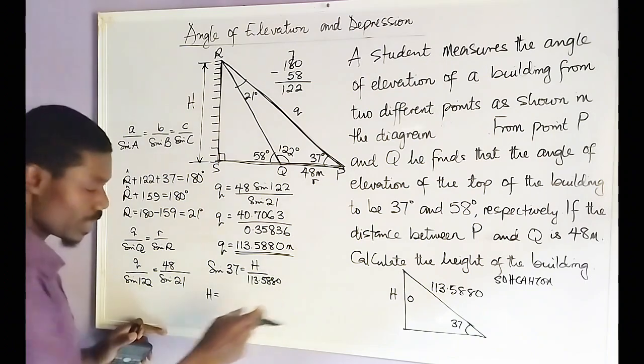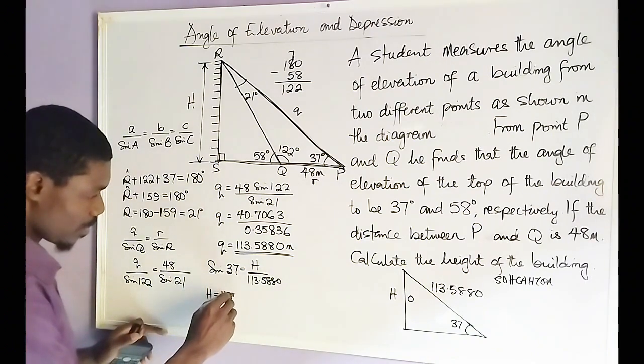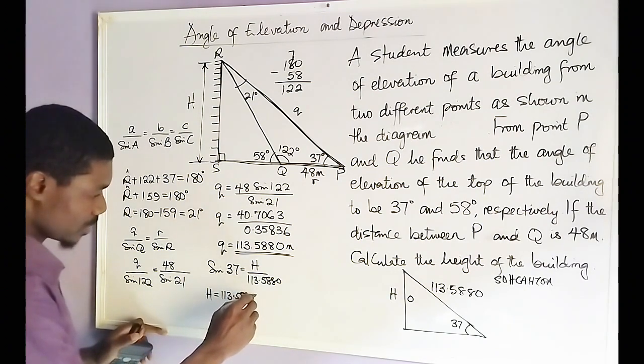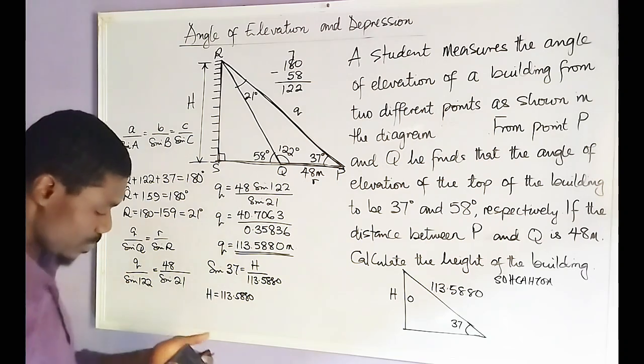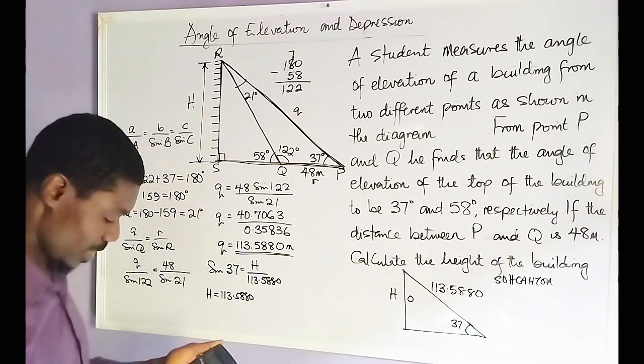Our height will then become 113.5880 multiplied by sine 37. Sorry, sine 37, not 38.